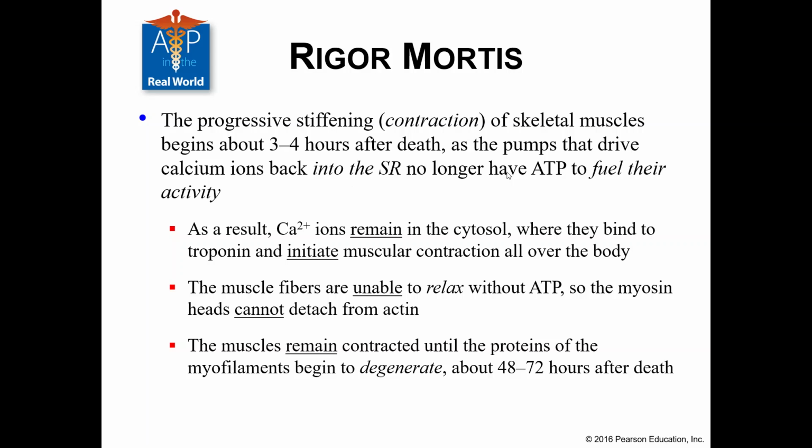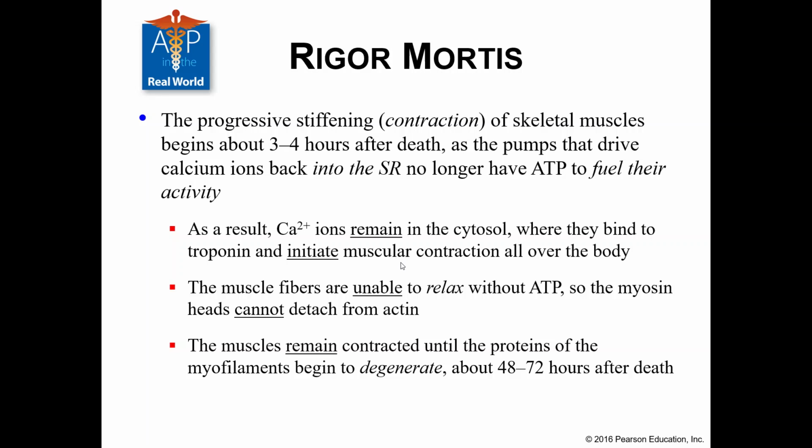The pumps that were pumping calcium back into the SR don't have any more ATP because you're dead. So we can't pump any more calcium back into the SR, which means the calcium just sits there. If the calcium is still there, it's still going to bind to troponin. You will still have cross-bridge formation and power strokes. You'll still have muscle contraction.